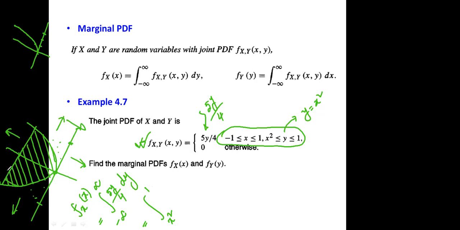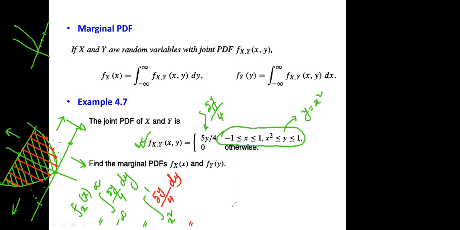The y value is variable: the lower limit is x squared, and the upper limit is 1. So we can write the integral of 5y by 4 dy, easily integrate it, and find the result. This is for finding fx.